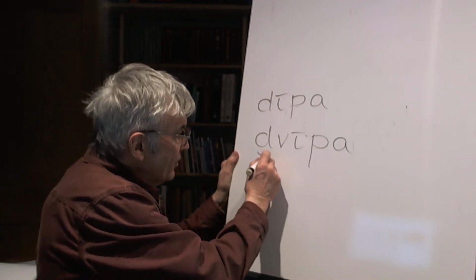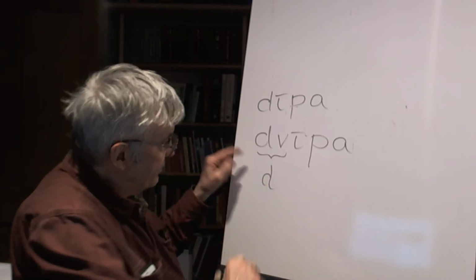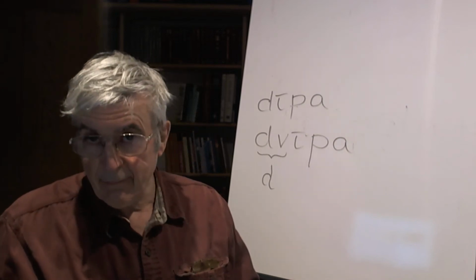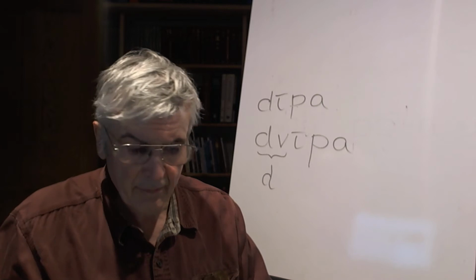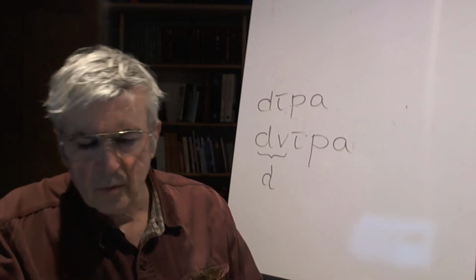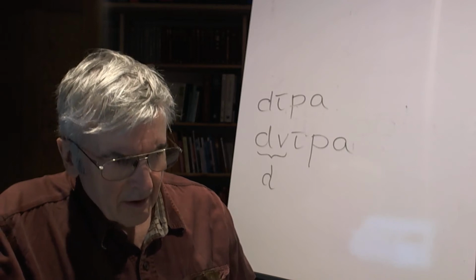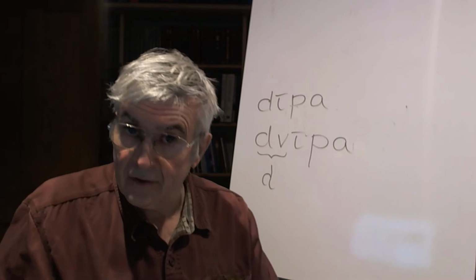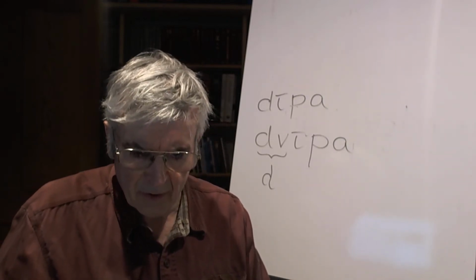By normal phonetic mutation, the dv becomes a d in Pali, so Deepa in Pali means both lamp and island. There's an ambiguity and you just have to work it out by context. Not always totally easy to work it out by context, because when you are told to be Attano Deepo, an island unto yourselves or a lamp unto yourselves, there's an ambiguity there.